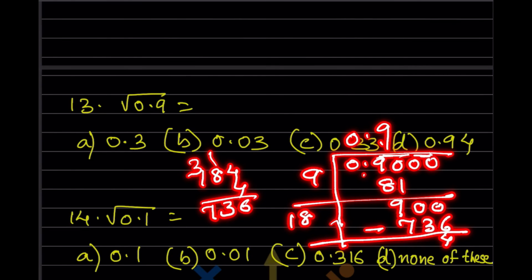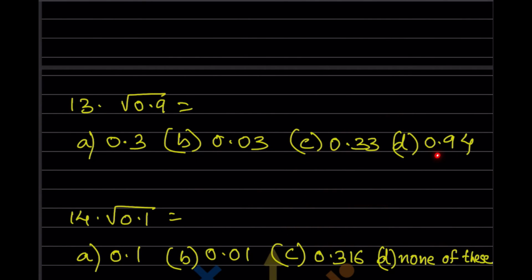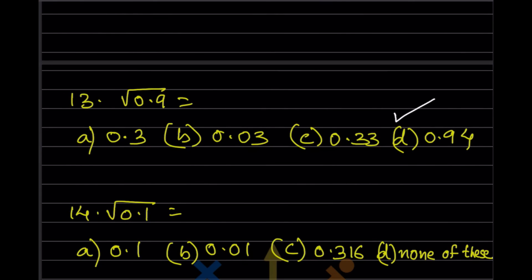We get here 164. So here you have to write 4 over here. Because the 4 was left, because we multiplied this by 4. So what do you get here? 0.94. So now here you can write the answer is 0.94 because you cannot do it directly.